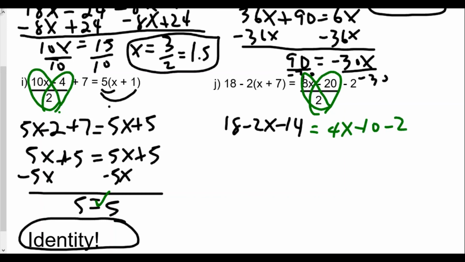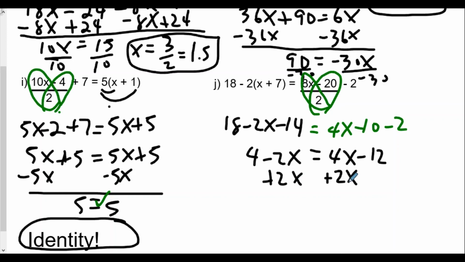And so combined like terms on the left side, we're going to get 4 minus 2x is equal to 4x minus 12. Here we're going to add 2x because negative 2 is smaller than 4x. So opposite of negative 2x is positive 2x. I'm also going to add 12 to both sides as well.